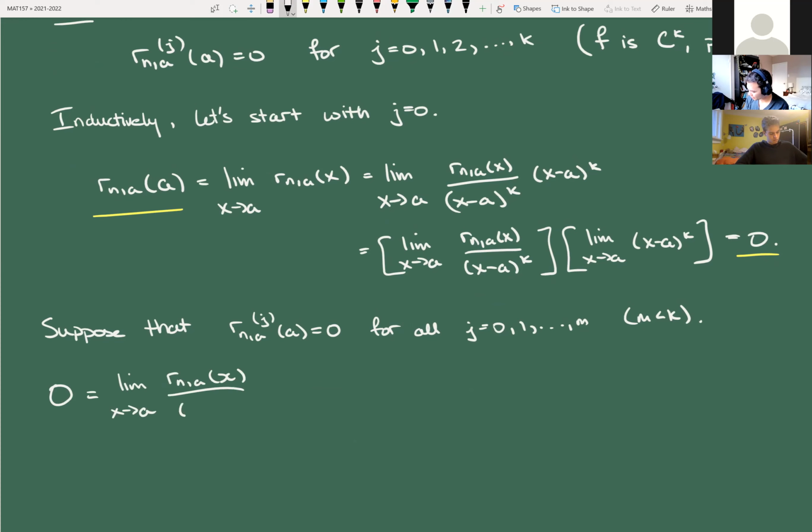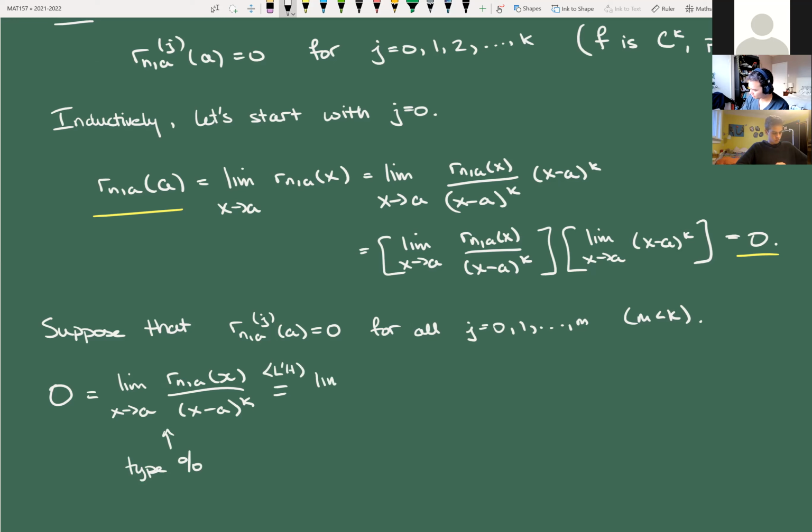Okay, so I'm not doing anything. I'm just writing out what it means to be a good kth order approximation. And what we recognize is that by assumption, this is indeterminate type 0 over 0, right? For L'Hopital's rule. So we can apply L'Hopital's rule to it.